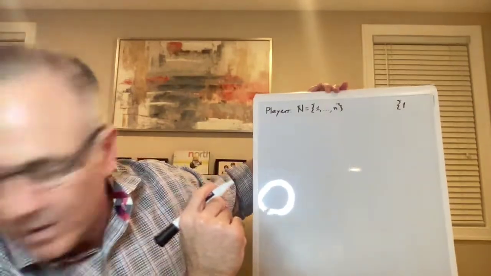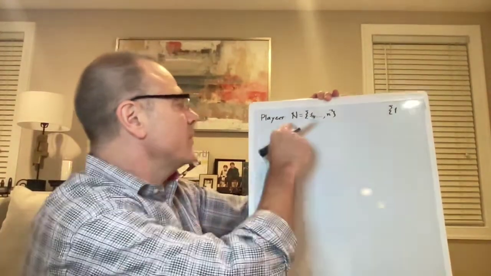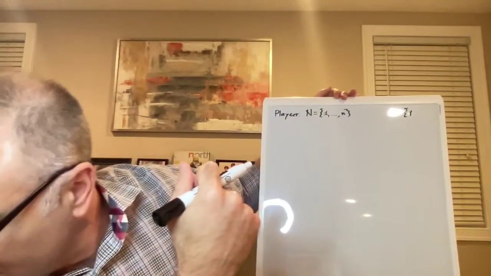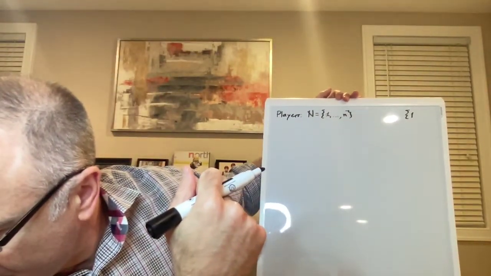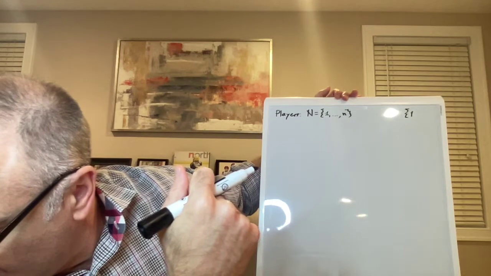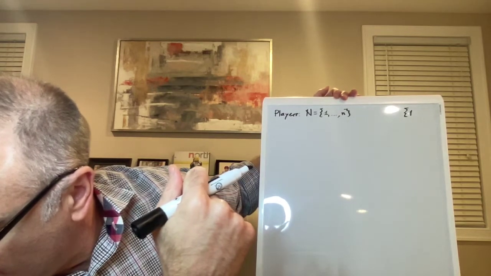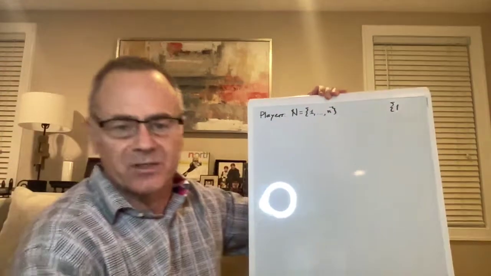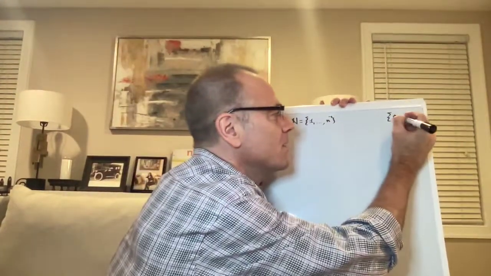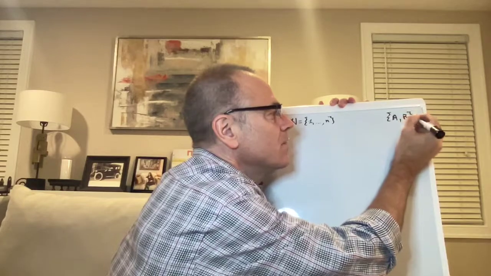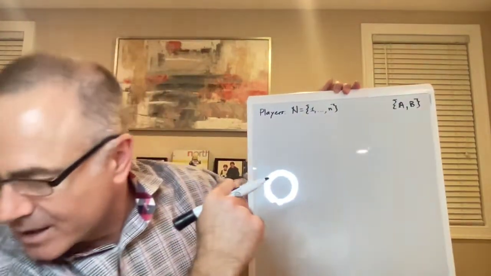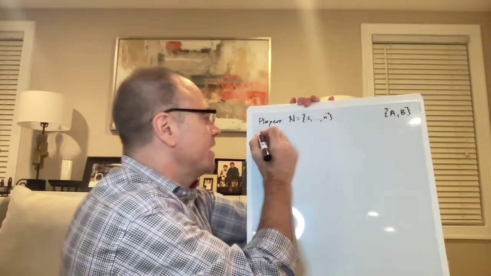I was going to say players 1 and 2, but they're actually player A and B. I think I'm going to use A and B, even though technically McKelvey-Palfrey called them numbers.